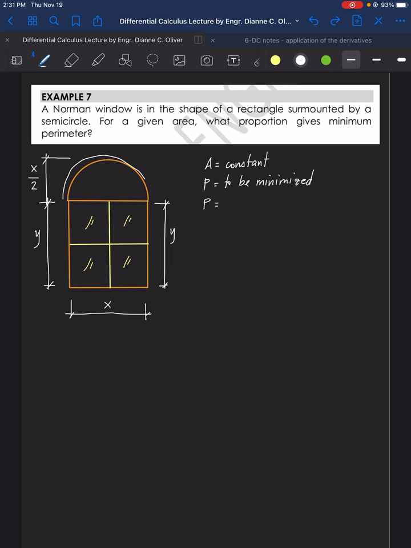So we have twice y plus x plus 1/2 of the circumference of a circle. The circumference of a circle using radius is 2 pi r. Now what is the radius in our figure? Our radius is x over 2.